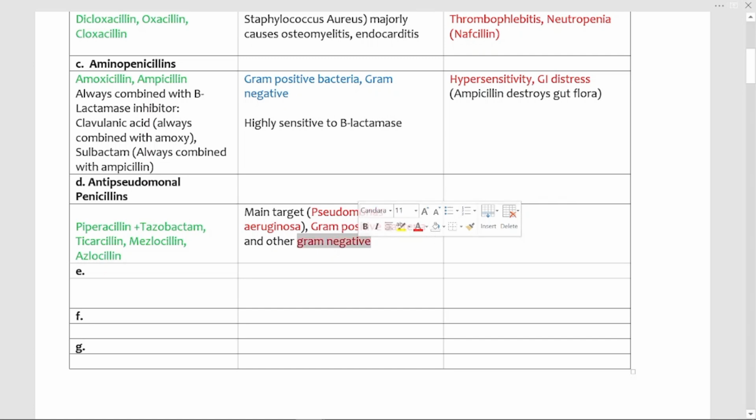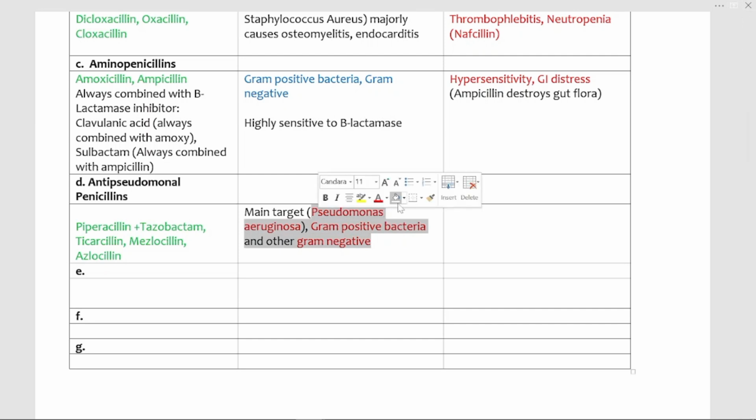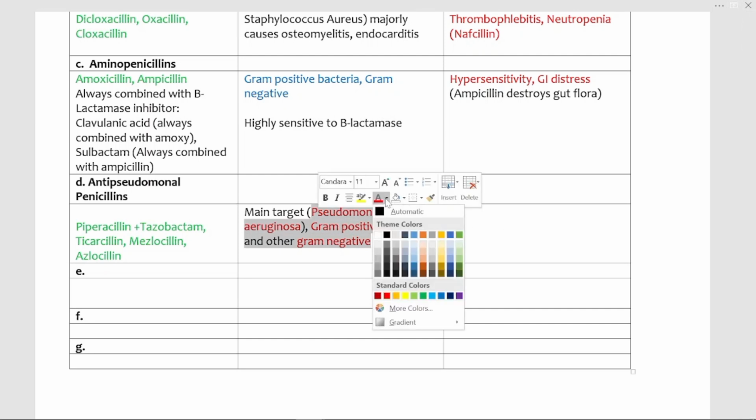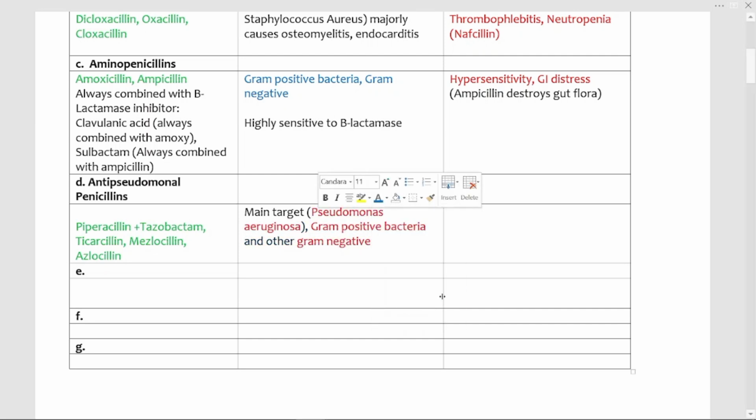Sorry, this should be in blue, not red. Sorry for that mix up. So one of the major reactions is hypersensitivity.